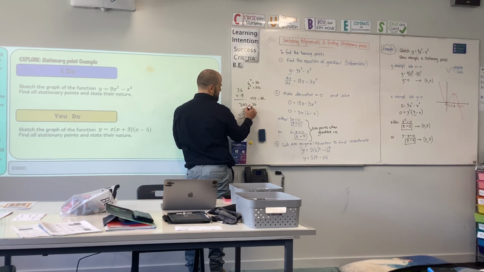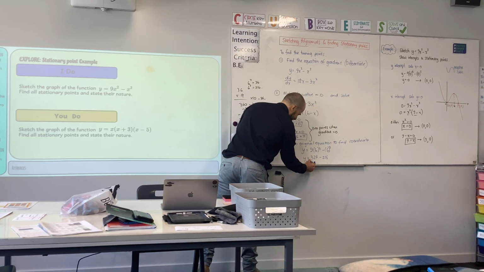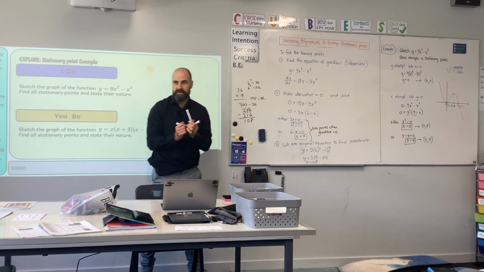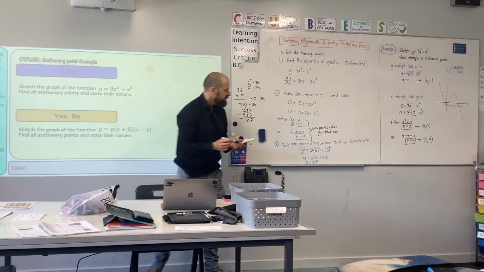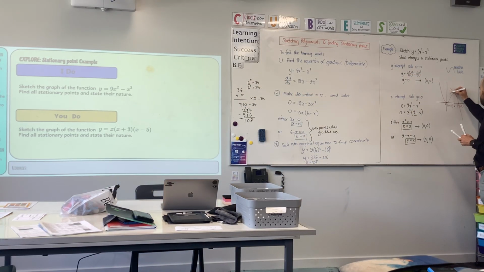If you ran out of time and you wrote that, would you still get a mark? Depends on the marking scheme. So this coordinate, hopefully I did that correctly, is 6, 108.